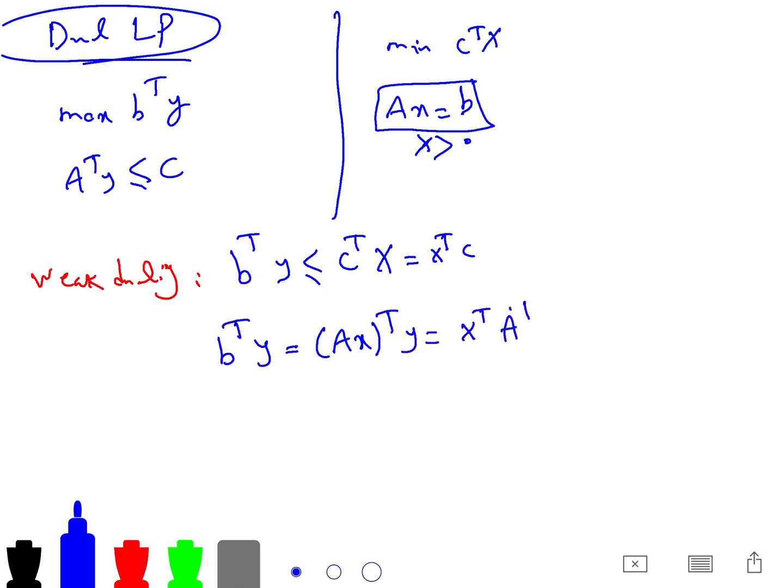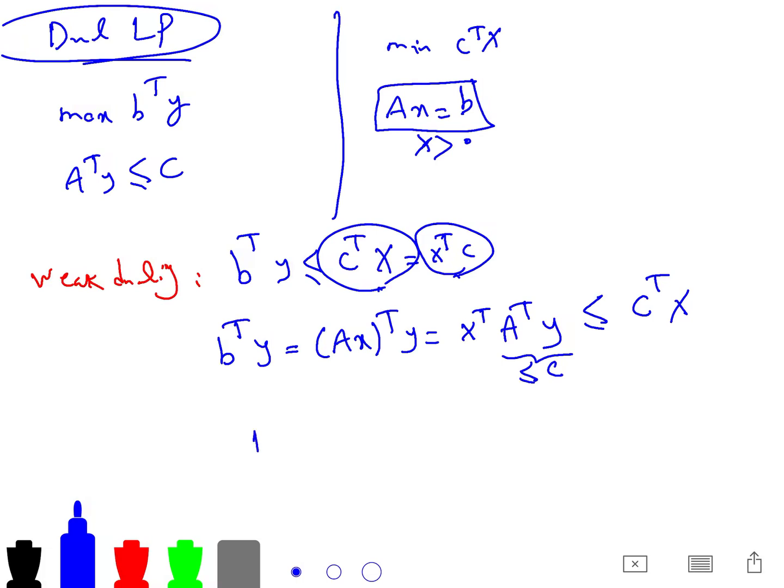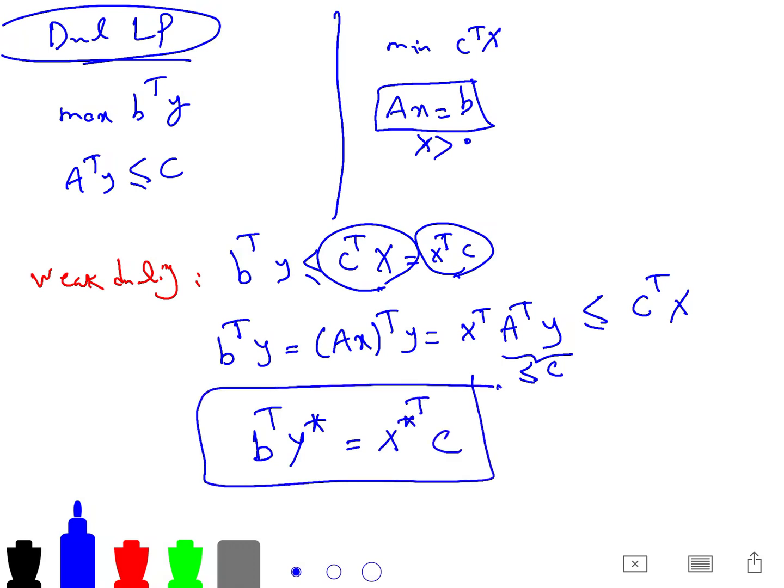So X transpose A transpose, we know from linear algebra, and this one is just less than C. And this one is just C transpose X. So we got what we wanted. And so the duality is that B transpose Y star, the extremist case, is X star transpose C.